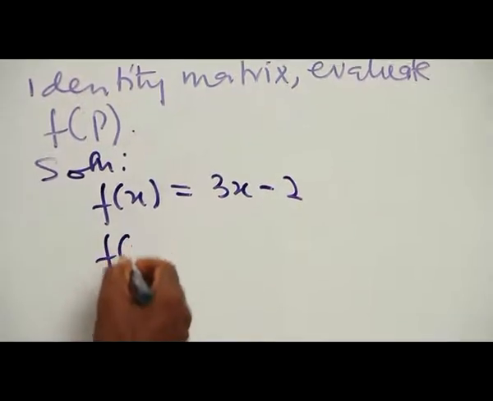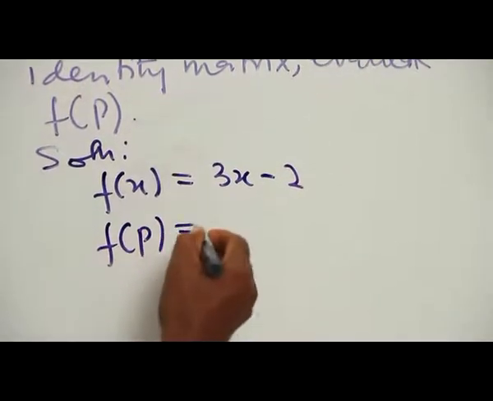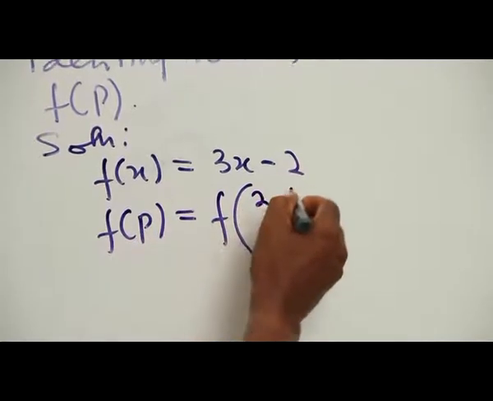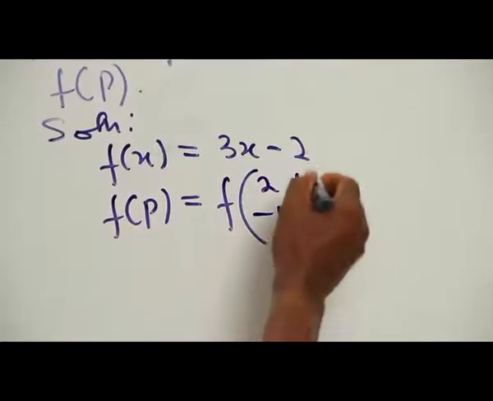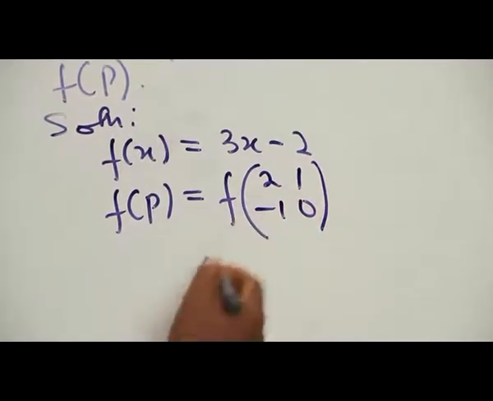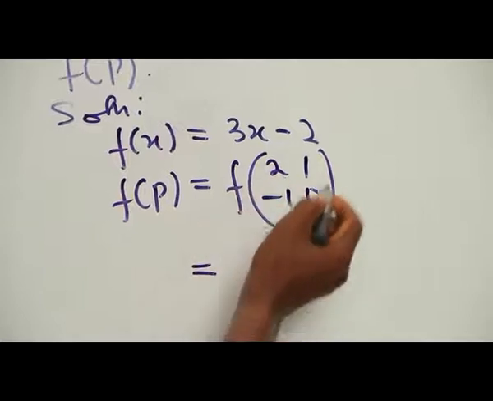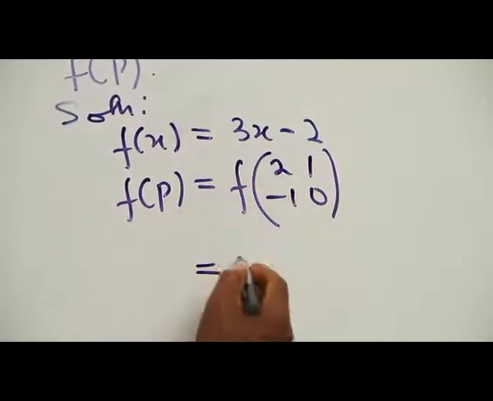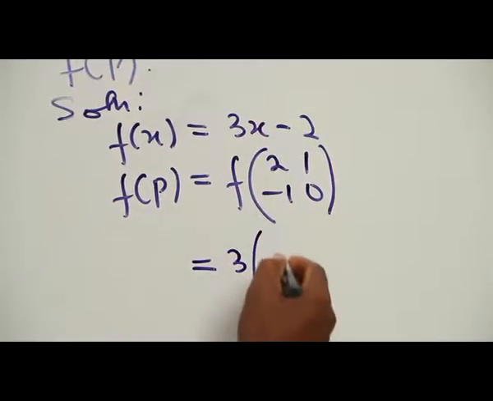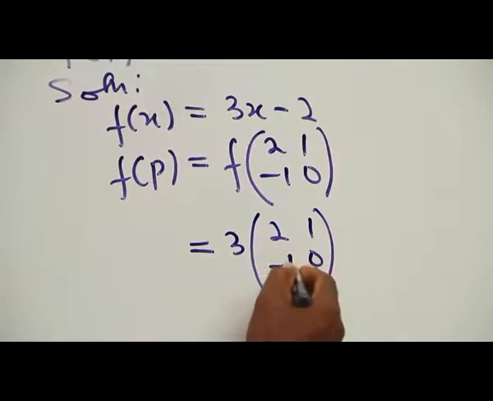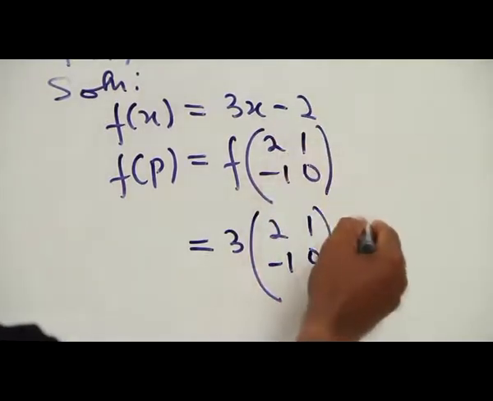Then your f of P will now mean f of the value of P, the matrix 2, 1, minus 1 and 0. Now what does this translate to? Remember that where you have s, that is where the matrix P is occupying, so that becomes 3 multiplying the matrix P and then minus 2.